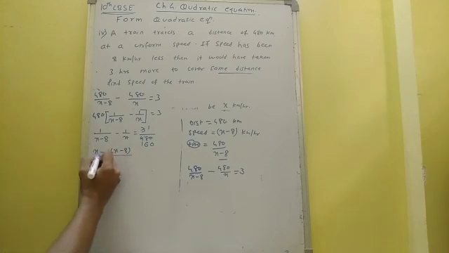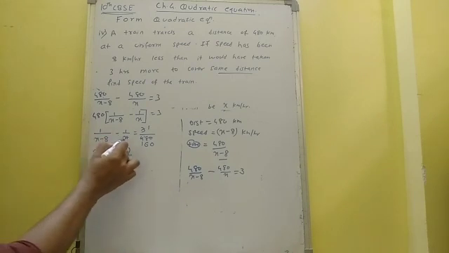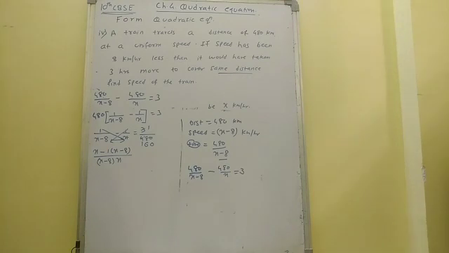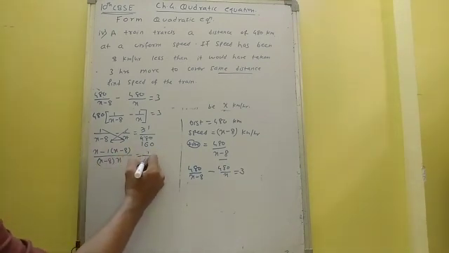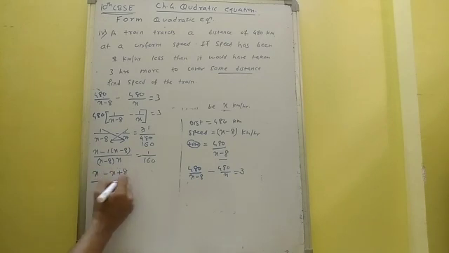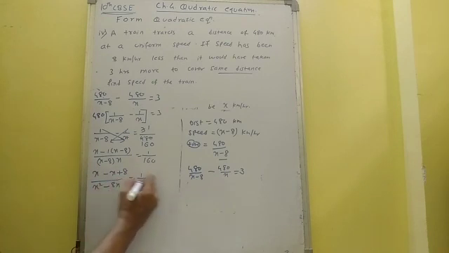Whenever we are cross multiplying, this multiplies by this, and denominator multiplies by denominator, is equal to 1 upon 160 as it is. 160, yes, it is right. So when I open this bracket, minus x plus 8, x into x is x square, x into 8 is 8x, is equal to 1 upon 160.